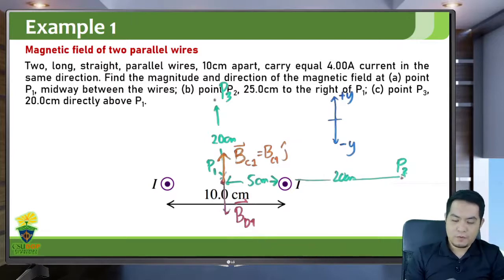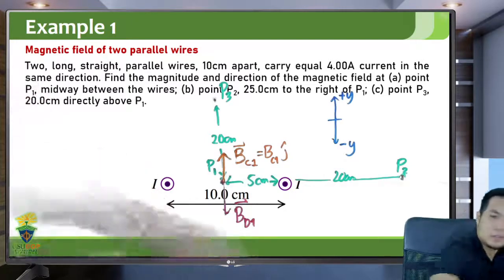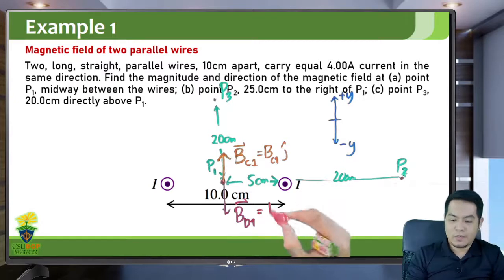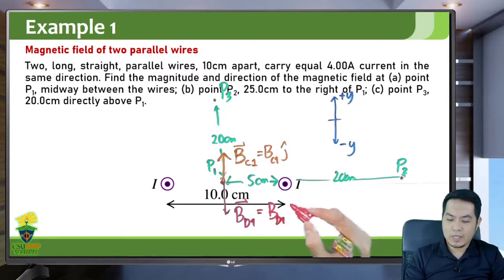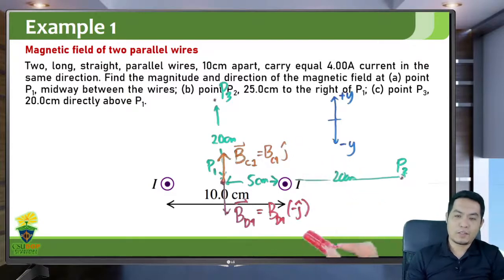And for this magnetic field here, BD1, its magnitude is BD1, and its direction is negative j hat. And then we add these two vectors.